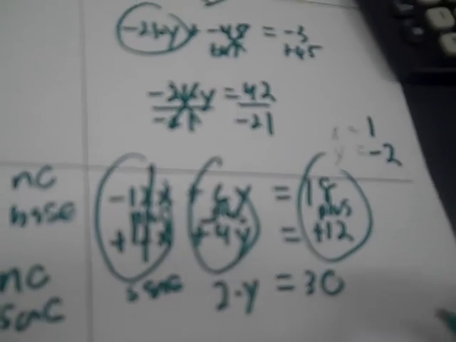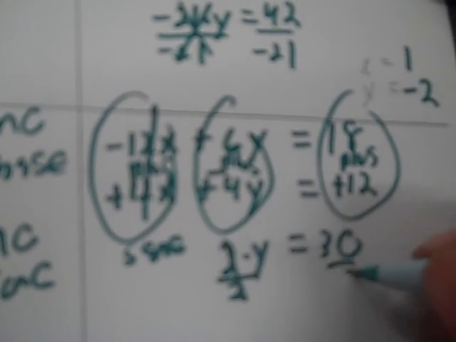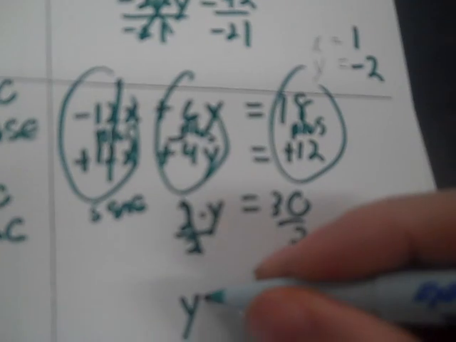Then I take 18 plus 12. That's 30. I got the dot, so I divide by 2. And 30 divided by 2 is 15. By the way, I forgot the x and the y here. Sorry about that. Now, that was y before I divided, so y is 15.